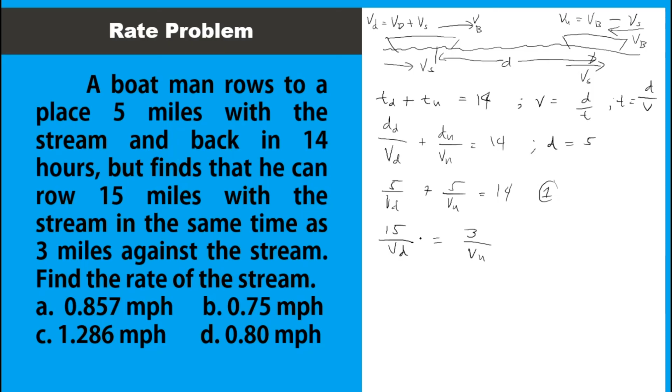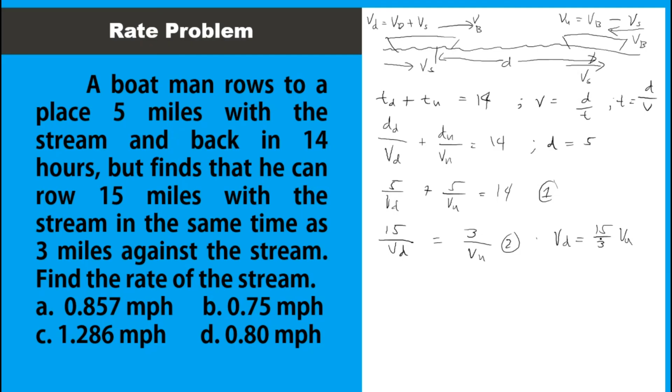This is the time it takes to travel 15 miles downstream, and the problem says it is equal to the time it takes to travel 3 miles against the stream. So we have our second equation. We can say that v sub d is equal to 15 over 3 times v sub u.